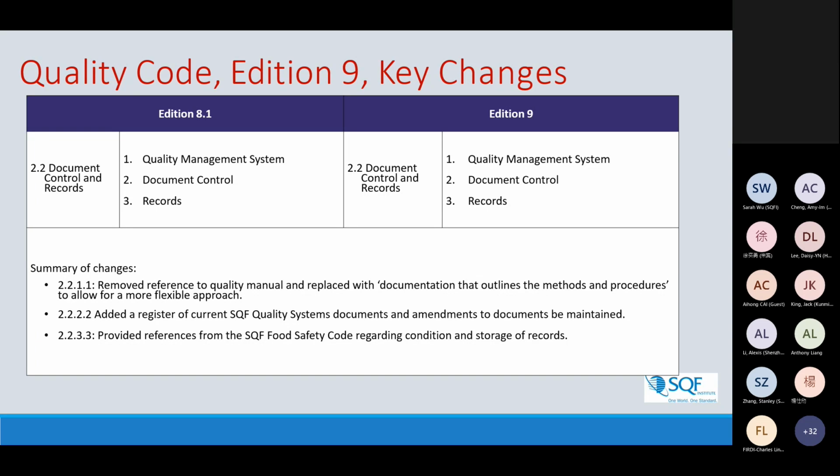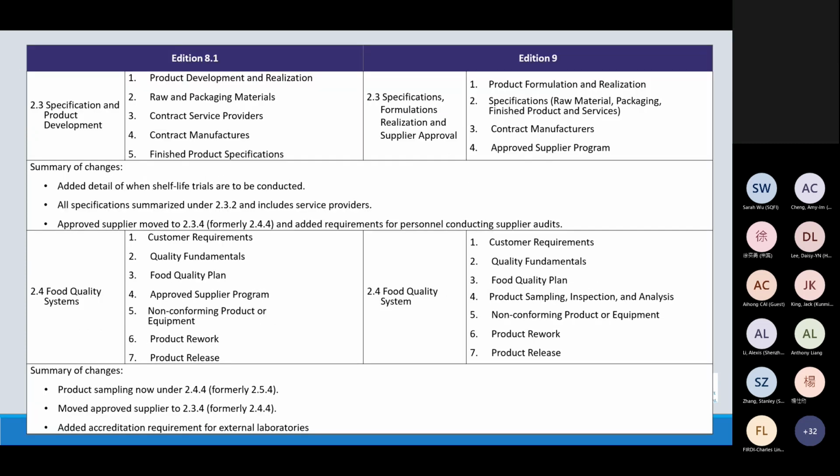And we provided reference from the SQF Food Safety Code regarding condition and storage of records. So really, not much change, and many of the changes, by the way, are just to change the format and the numbering to be in line with the SQF Food Safety Code. Still applies to all the other GFSI benchmark standards, but the format is continuous with the food safety codes.